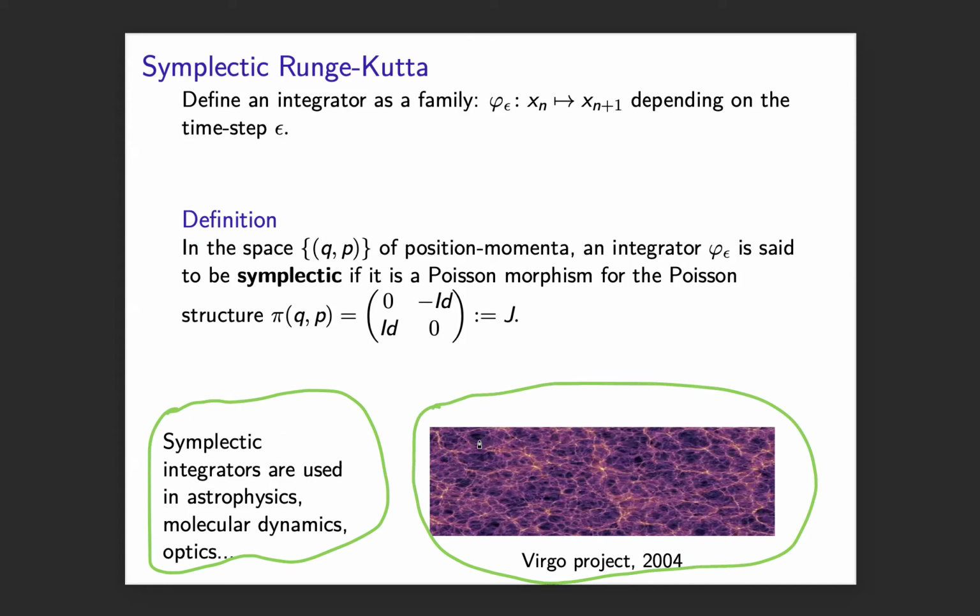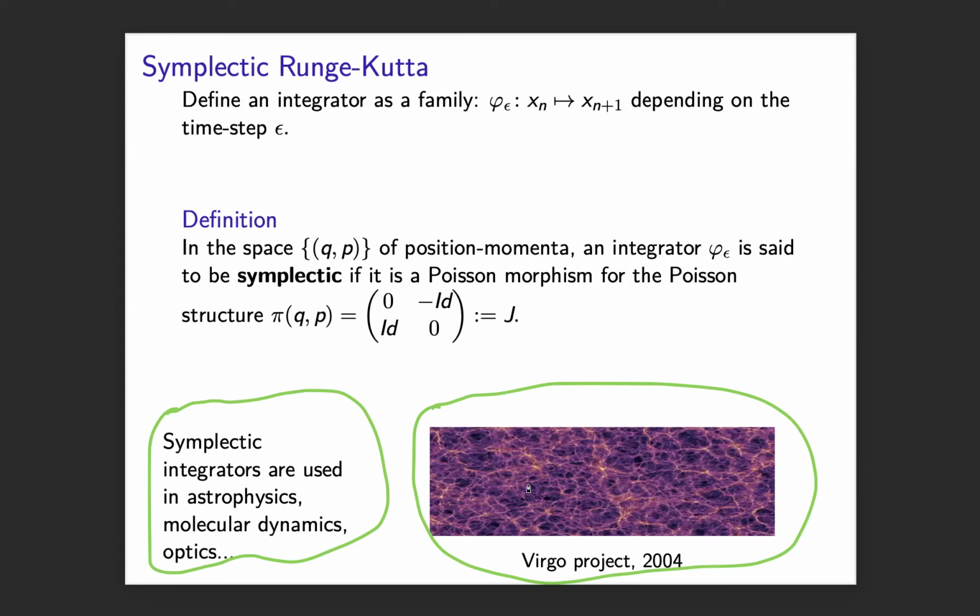Here, for instance, this is a picture of what has been called the Virgo project about 20 years ago. That project was about simulation of galaxy dynamics. So what you do is more or less, you take the n-body problem. So you simulate many planets, but here they are not planets, they are galaxies.